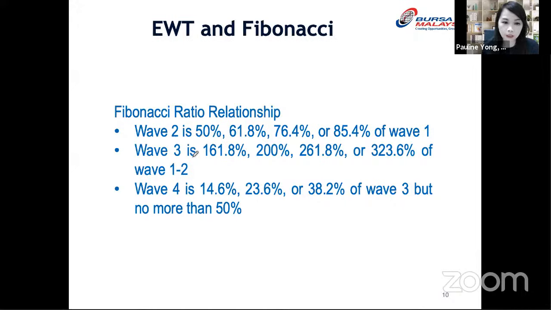So wave 3 is 161.8, and then 200%, 261.8, 323.6 of wave 1, 2. What it means is that wave number 3 is definitely longer than wave number 1. They are looking at this kind of Fibonacci ratio, 1.618, 2 times, 2.618, and 3.236.